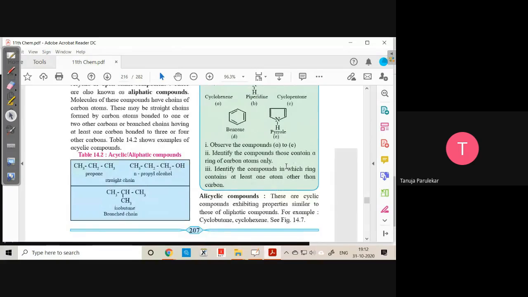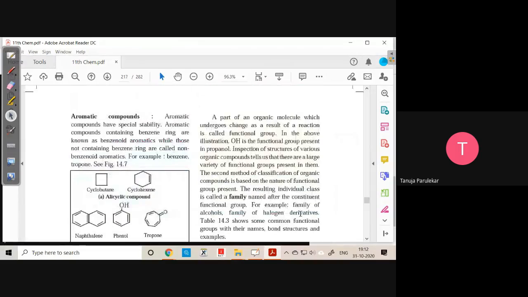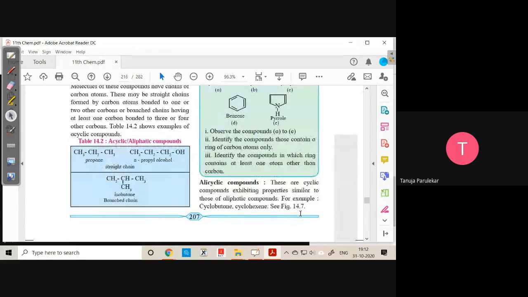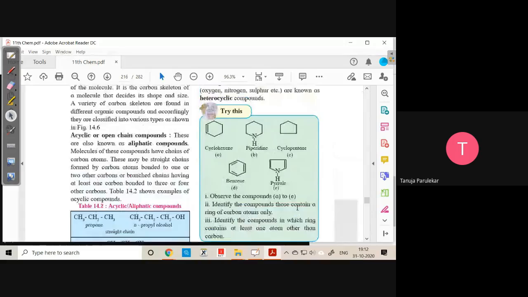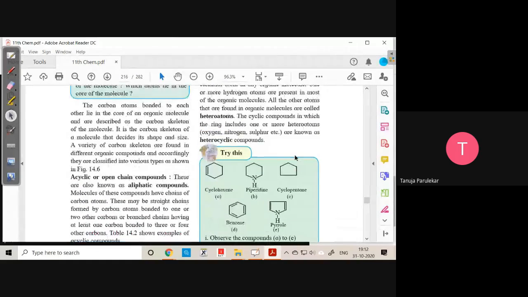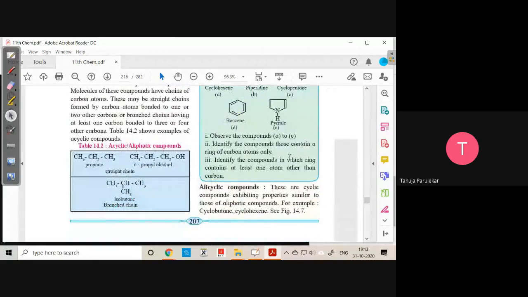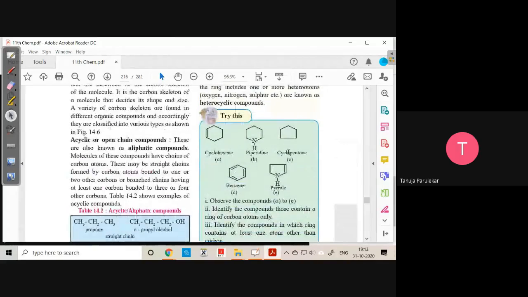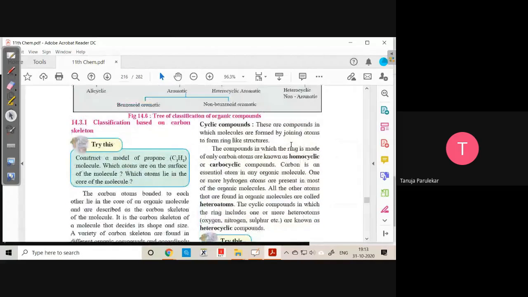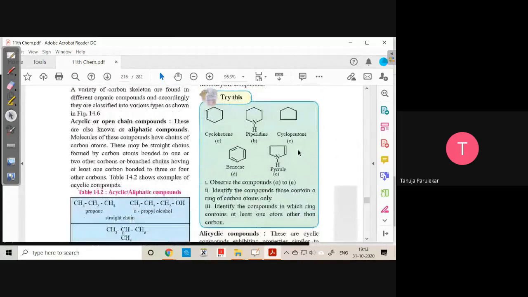Now coming to alicyclic compounds, these are cyclic compounds with properties similar to those of aliphatic compounds. So you have the cyclobutane ring, and here you have the cyclopentane ring. In figure 14.7, where is this 14.7? It is ahead, I think.